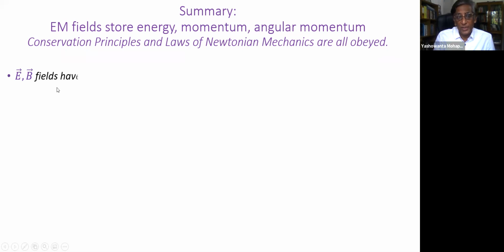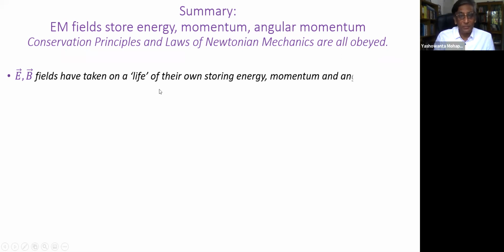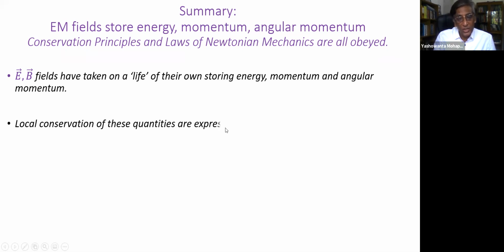E and B fields have now taken on a life of their own, storing energy, momentum, and angular momentum. That was the message of this brief lecture. Local conservation of any of these quantities is expressed in equations of the form of the continuity equation.